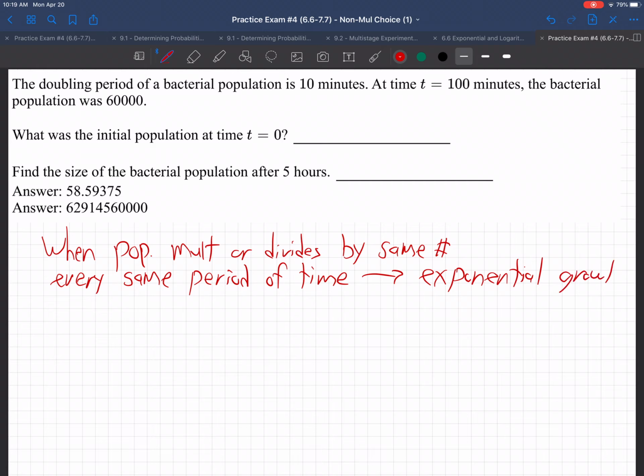Exponential growth if it's multiplying, or decay if it's shrinking because it's dividing.